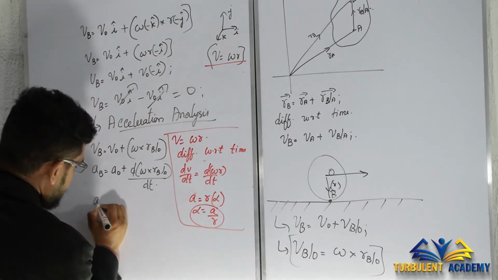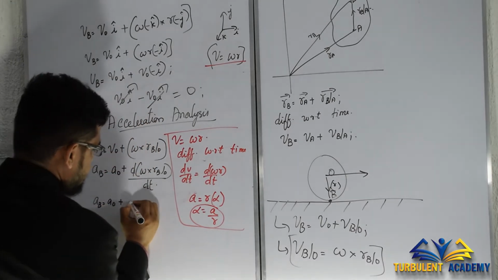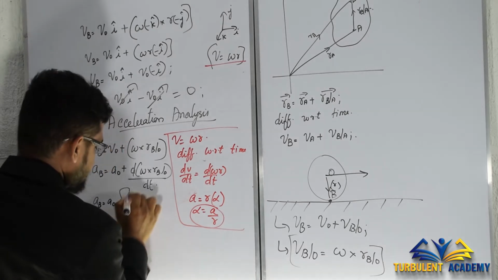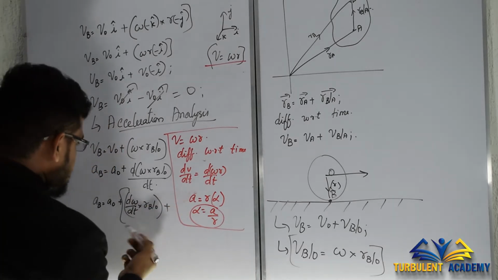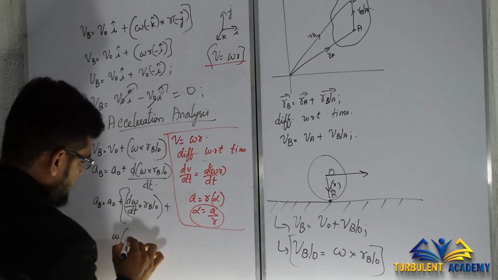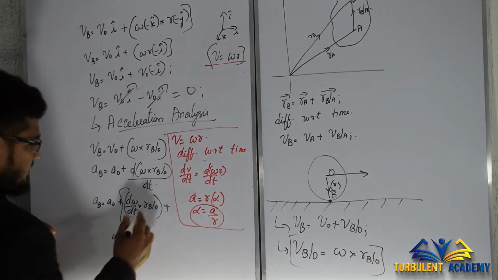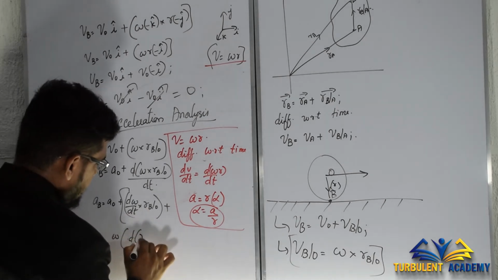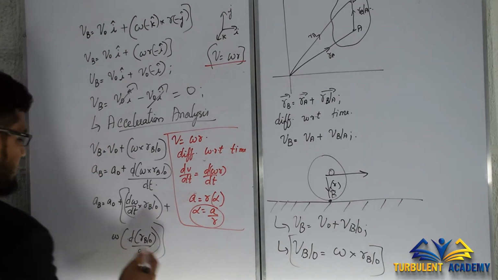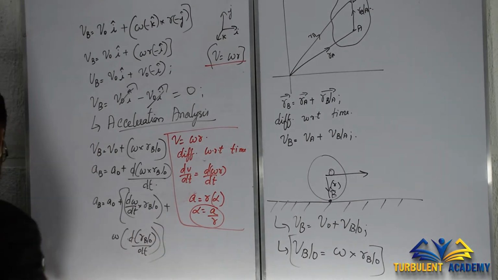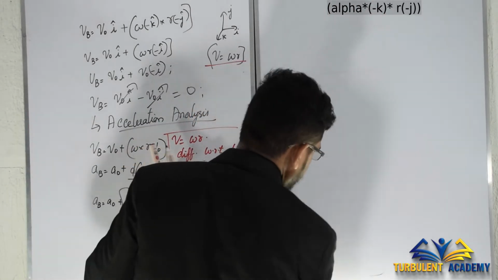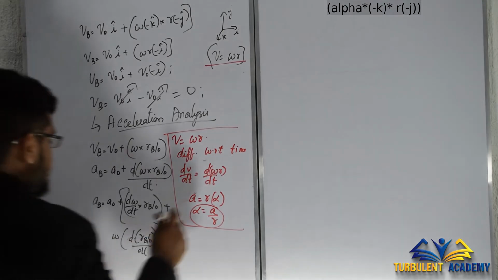So AB equals A naught plus d omega by dt into rb by 0 plus omega as it is, into d rb by 0 divided by dt. This is what we got. Now I am going to solve this further, and we will get the answer as easily as that. I am going to add the unit vector quantities along with all of these.